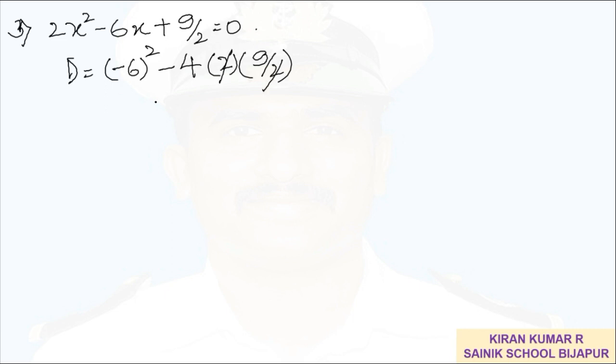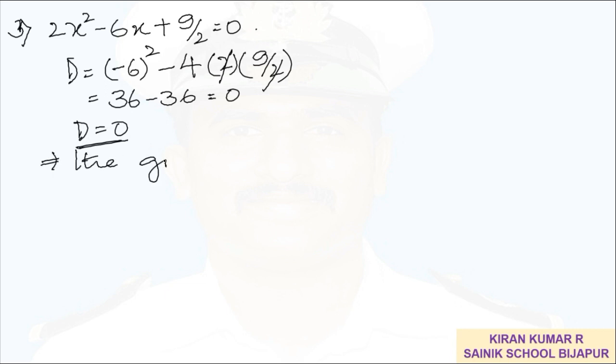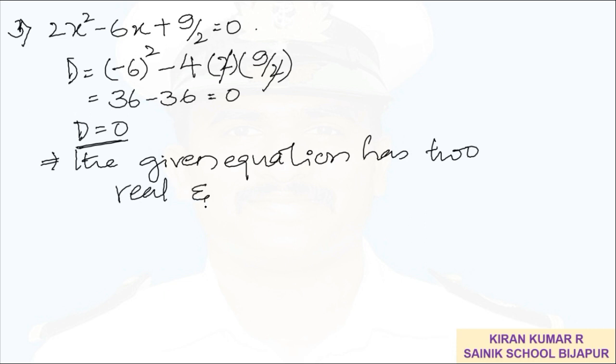This will get cancelled. We will be getting 36 minus 36, which is equal to 0. When d equal to 0, we know that the given equation has two real and equal roots.